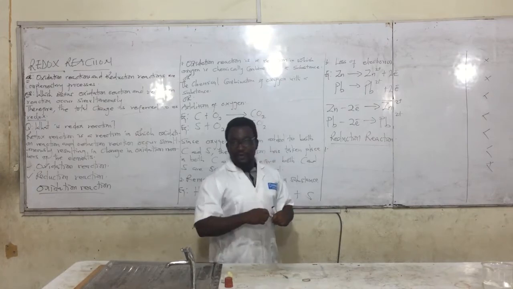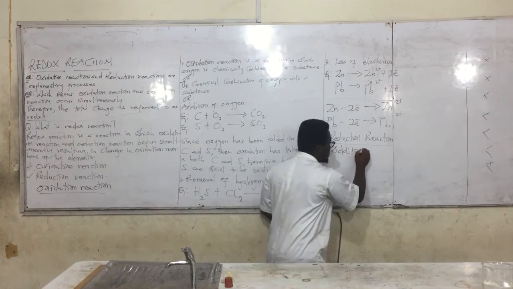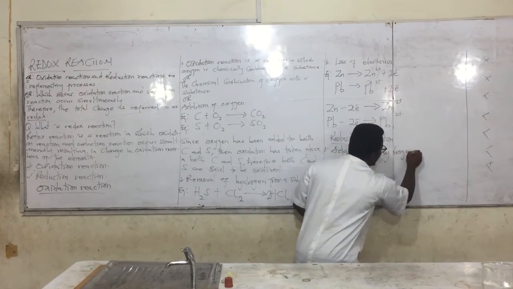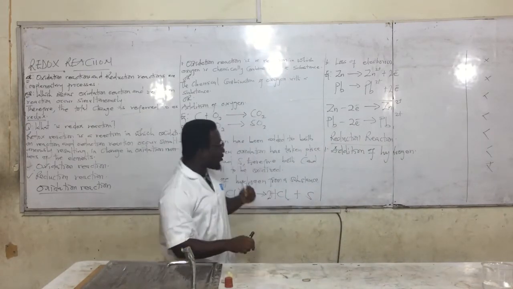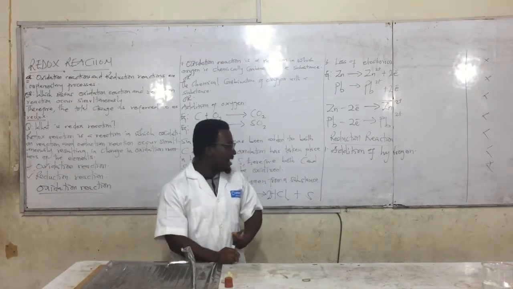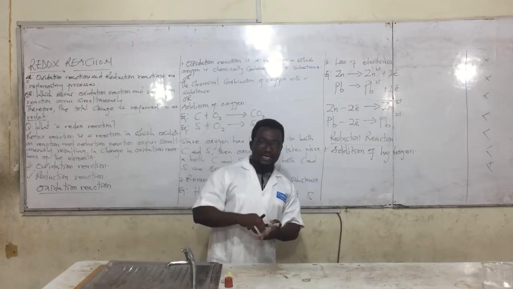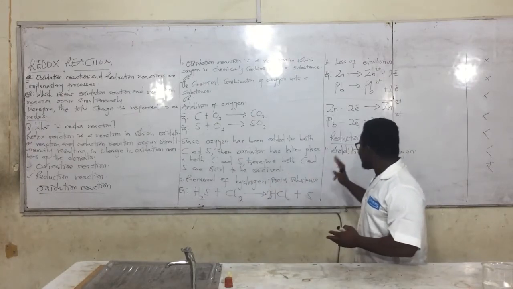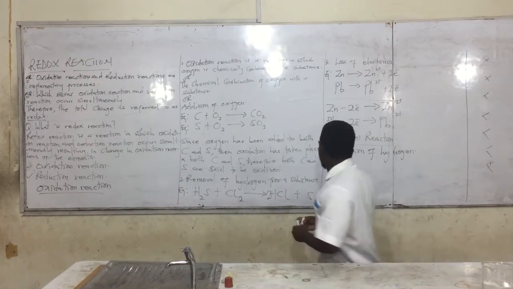I want to put it in very simple terms: addition of hydrogen. The chemical combination of hydrogen to a substance is what we term as reduction. So if you chemically add hydrogen to any substance, it means that reduction has taken place.